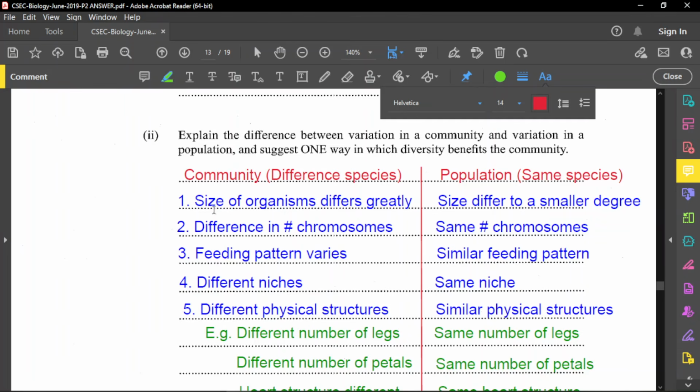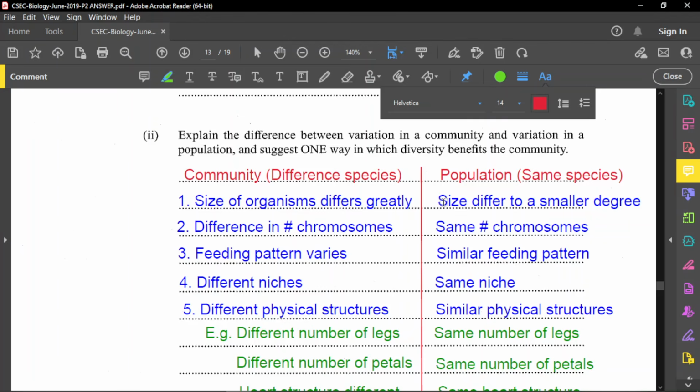One thing is that the size of organisms differs greatly. If you have the same population, the size differs to a smaller degree compared to a community. For example, you have a community with rats and dogs and elephants. They're much bigger and different. But if you have a population of only dogs, how much bigger can one dog be than the next dog?